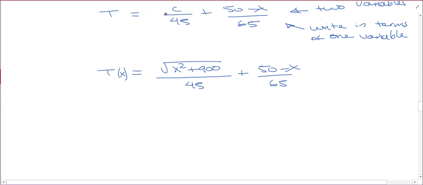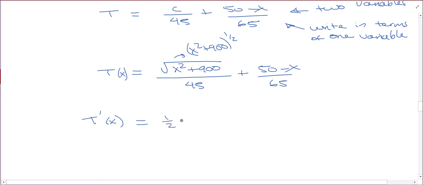Right, now I have it in terms of one variable. Before, t was a function of c and of x, so I couldn't say anything. Now I have it in terms of one variable, so I can find the derivative. Let's go ahead and find the derivative of this. I can write this as x squared plus 900 to the 1/2. Be careful not to say, oh, this is just x plus 30. The square root does not work like that. You can't take the square root over a plus or a minus. So what is the derivative here?